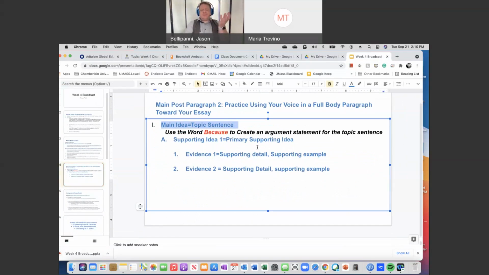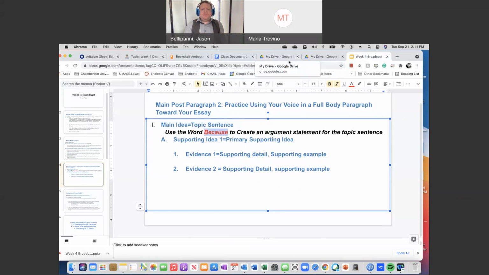Because topic sentences are like mini thesis statements for the paragraph. So they're making a little argument, they're making a point. What I tell people to do is to use the word because, that sort of forces people to create a complete argument statement. So that's what the topic sentence is.